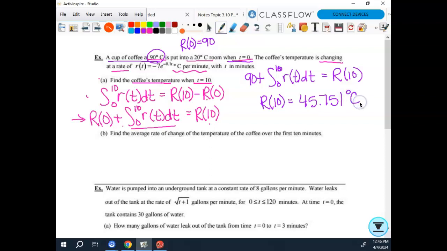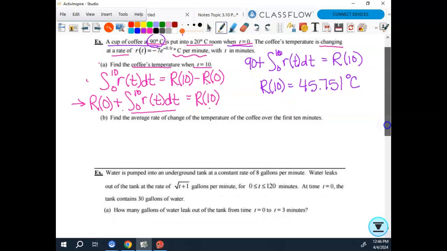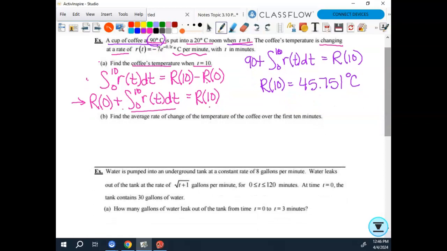Degrees Celsius? Okay. All right. So this says find the average rate of change of the temperature of the coffee over the first 10 minutes. This is the rate of change, right? So the rate of change over the first 10 minutes, so the integral of r of t dt, right?